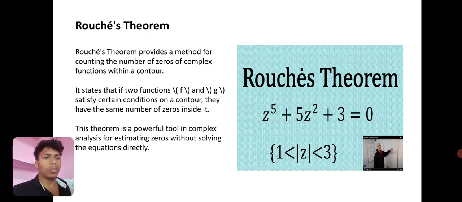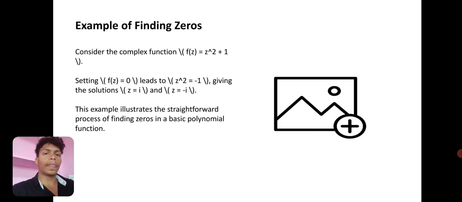Example: apply Rouche's theorem to z^5 + 5z^2 + 3 = 0. The example illustrates the process of finding zeros in a basic polynomial function.